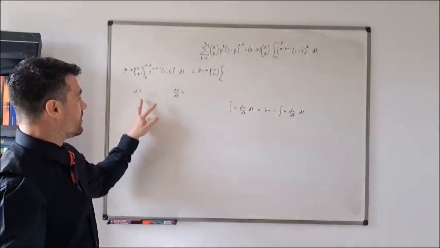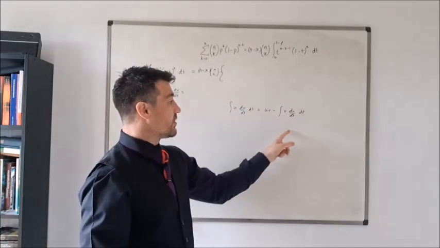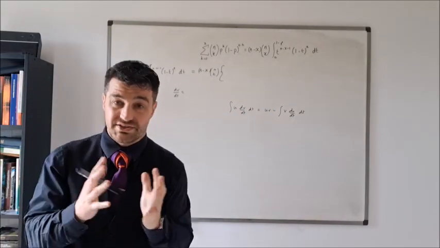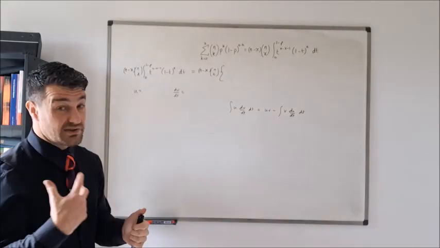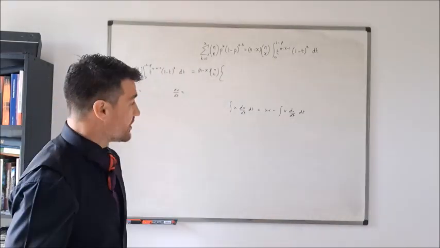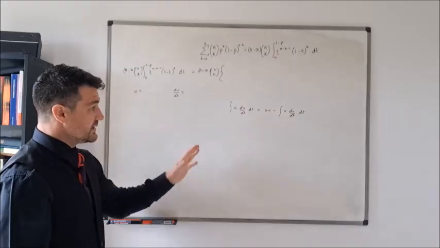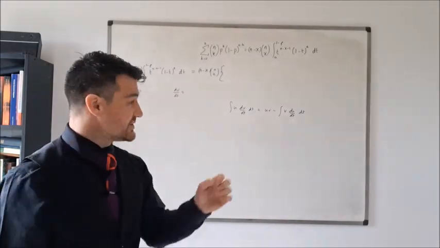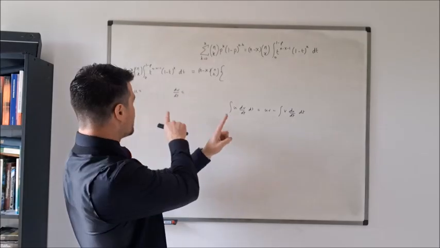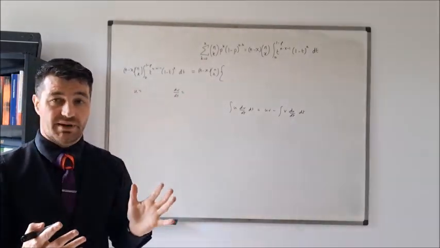Because if you get this wrong, what you end up with here is more complicated than what you started with. It's not wrong, it's not incorrect, but it's just not useful to you. Okay, theoretically it's fine, but it's just not useful to you. So, as you get a bit of experience with integration by parts, you'll start to predict which way round to assign the u and the dv by dt.